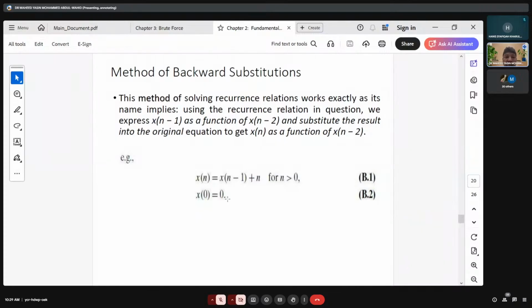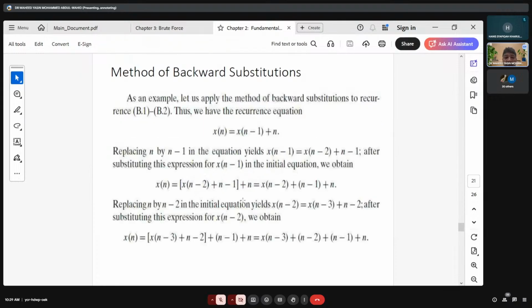Now we continue here with our backward substitution. xn equals xn minus 1 plus n, x0 equals 0. Replacing n by n minus 1, the equation yields xn minus 1 equals xn minus 2 plus n minus 1.